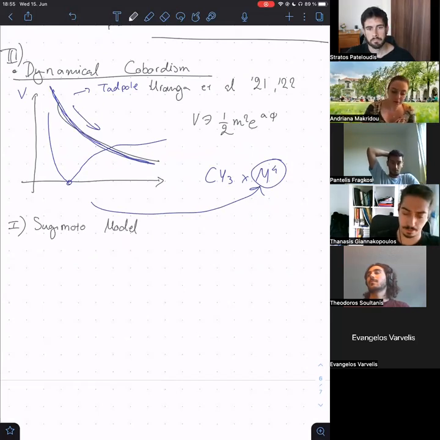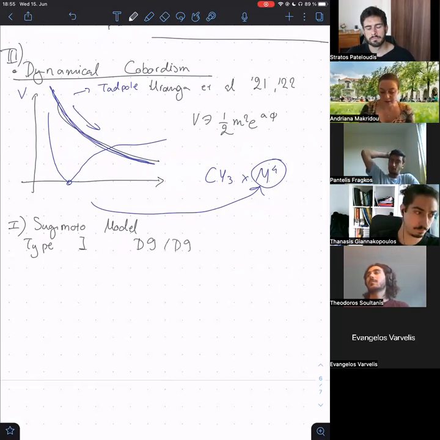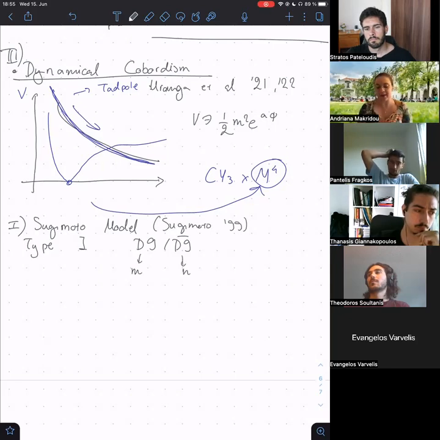You have some kind of type I theory, and you have a stack of D9 and anti-D9 branes. This was studied by Sugimoto in 1999. He's saying let's have a stack of D9 and anti-D9, and then just put some Chan-Paton factors on them. And if you choose the groups to be USp and USp.